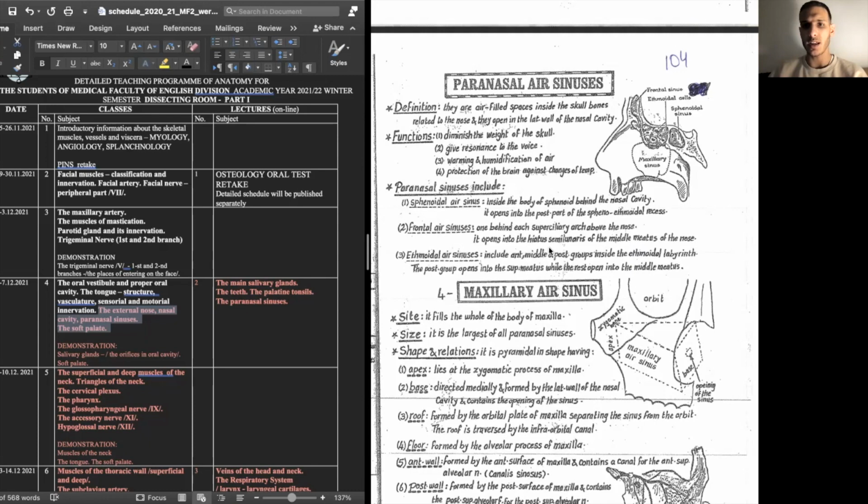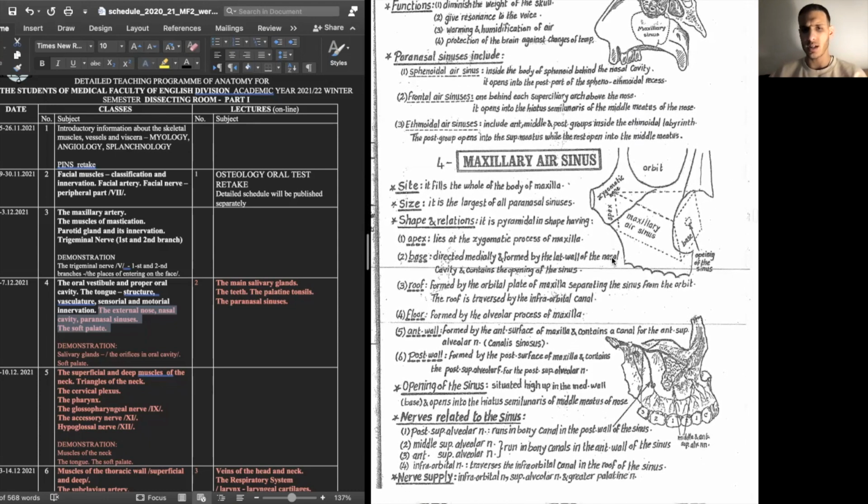The frontal sinus opens in the middle meatus at the hiatus semilunaris, the small opening of the middle meatus of the nose. Ethmoidal air sinuses are made up of anterior, middle, and posterior groups inside the ethmoidal labyrinth. That's where they're located. The posterior group opens into the superior meatus, while the rest open into the middle meatus. And we have discussed where exactly they open in the middle meatus.